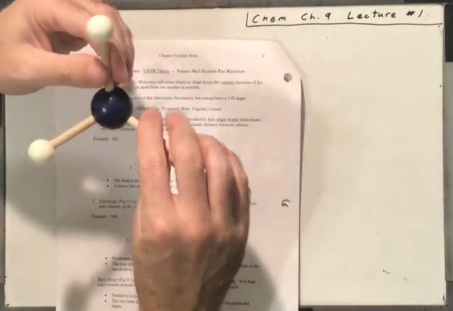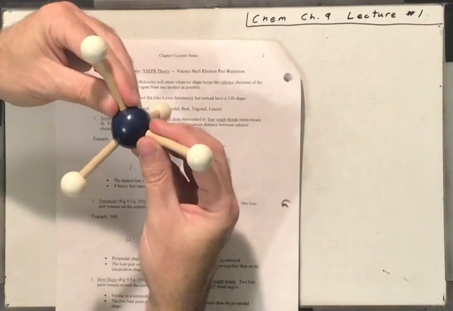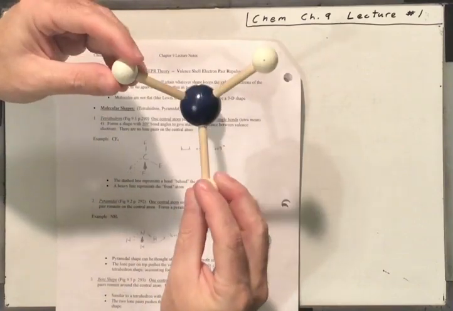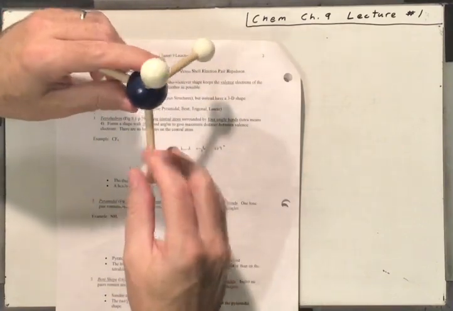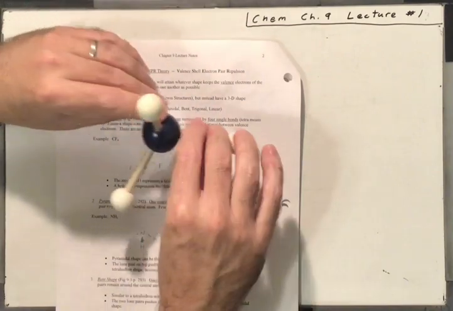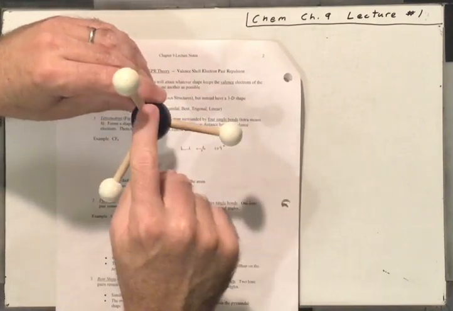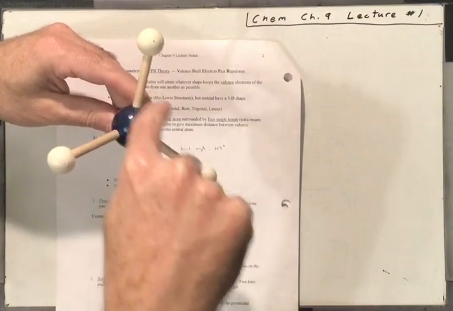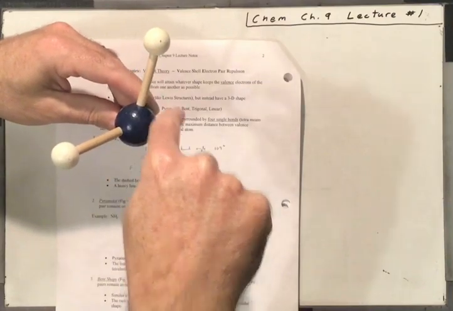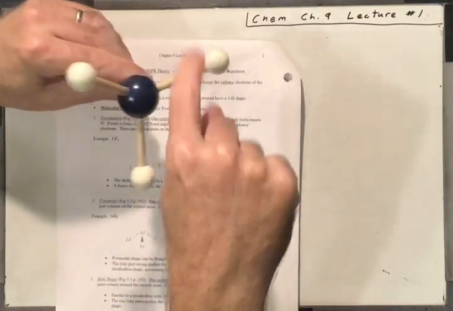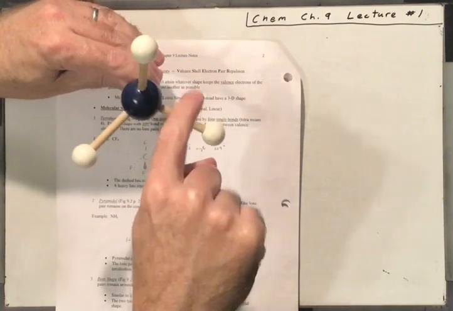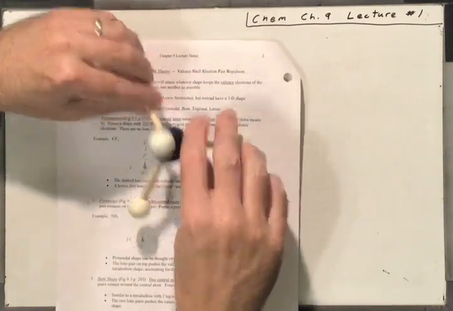In order for those outer shell electrons to get as far apart as possible because they're negatively charged, these will assume a tetrahedron shape that has 109-degree bond angles. Okay? The angle between there and there is 109. Between there and there, 109. All of them, 109. Okay?